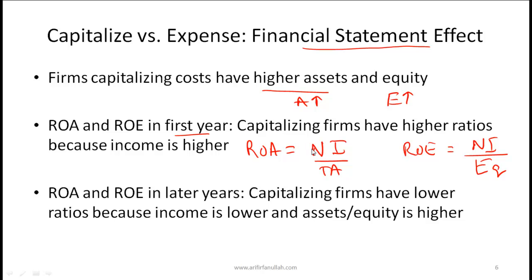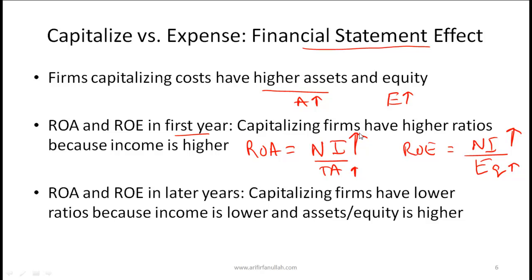In the first year, for the capitalizing firm, the net income will obviously be much higher than for an expensing firm, because we are spreading the expense out over multiple years. The assets and hence equity will also be higher for the capitalizing firm for reasons that we just talked about.